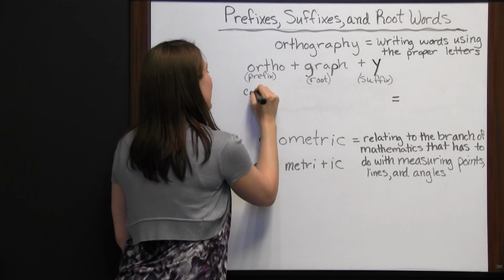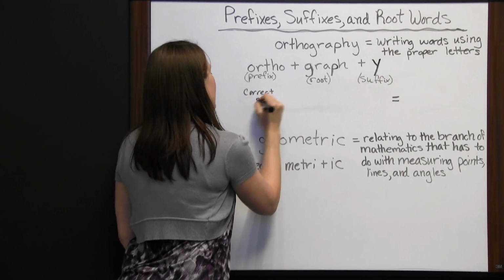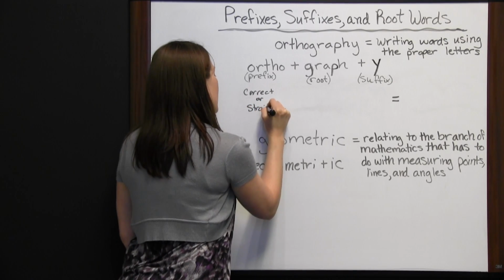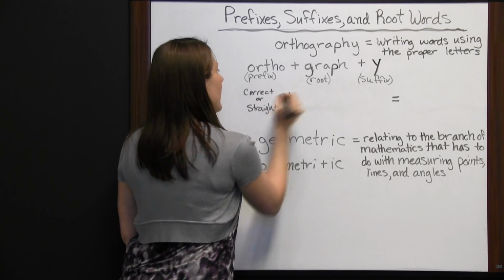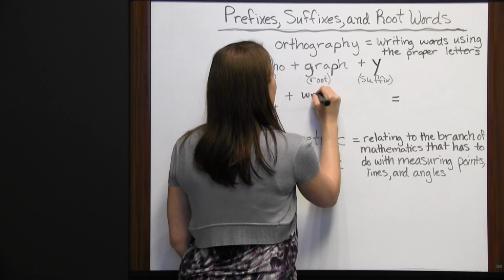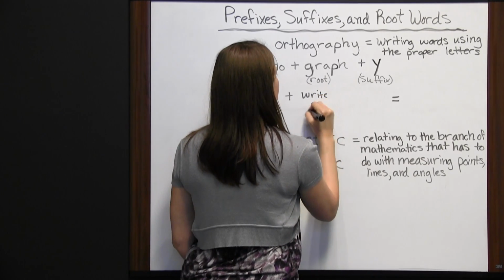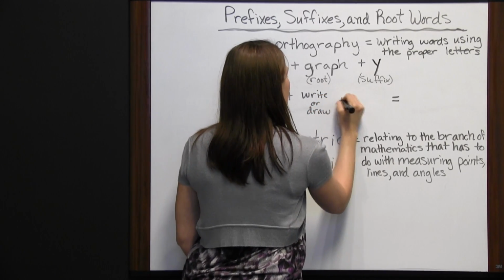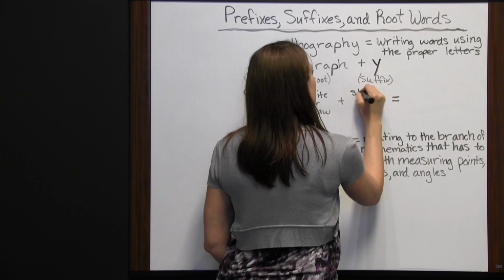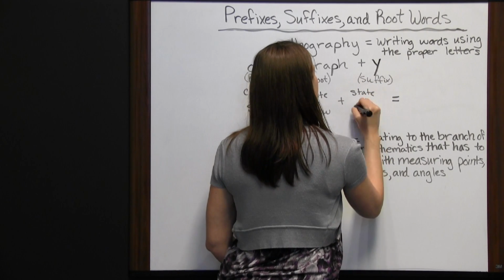Ortho means correct or straight. Graph means write or draw. And y means the state or condition of.